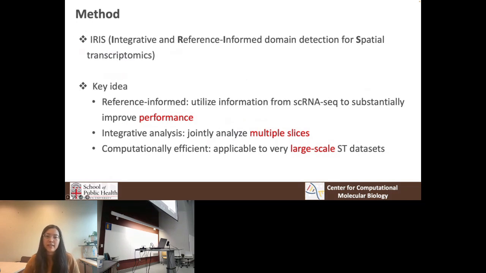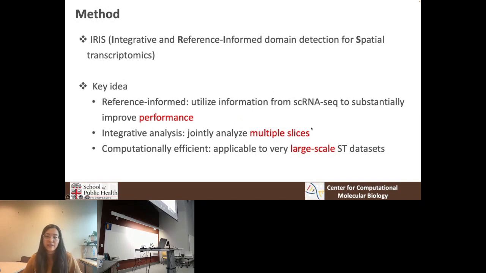First of all, it is a reference-informed method that allows us to take advantage of the vast amount of data collected in the parallel research field of single-cell RNA-seq studies and integrate these invaluable cell type specific transcriptomic profiles for improving the domain detection accuracy as well as the interpretation of these domains we detected.